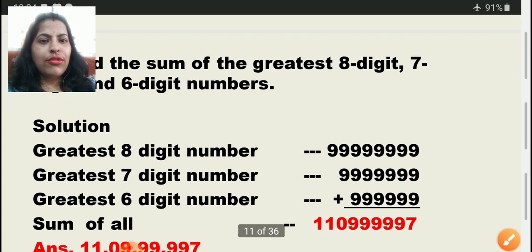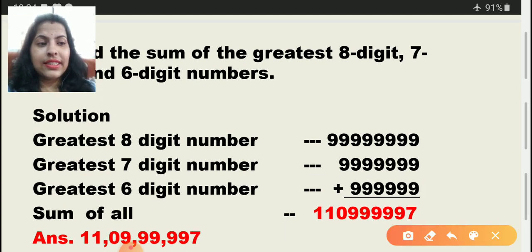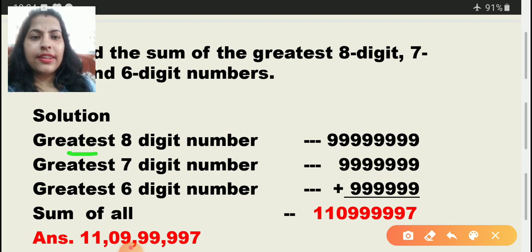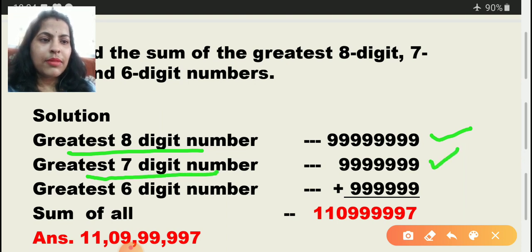You have to always use digit 9 to write the greatest number. If you have to write the greatest 8 digit number, you will write 9 eight times. Then you will write the greatest 7 digit number by writing 9 seven times. Then you write the greatest 6 digit number by using 9 six times.